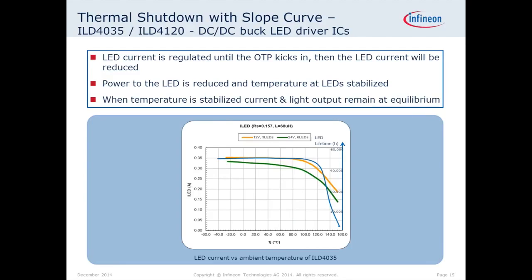I've taken the same curve I showed before, related to the LED lifetime curve. You can see that the current is reduced just when it's required, not before the critical stage is reached, so the light output will remain constant because the current remains constant.